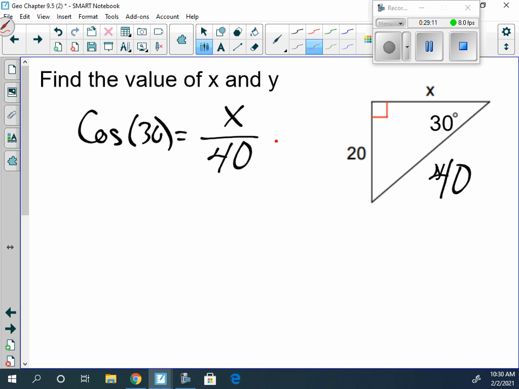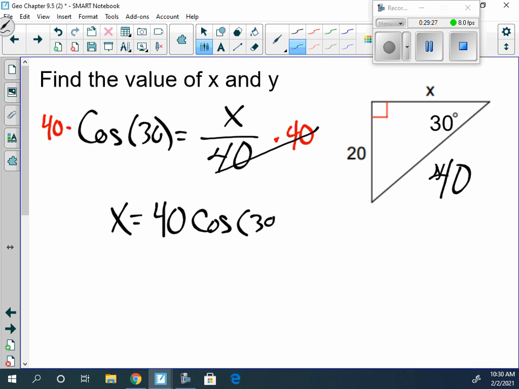And we can do that by multiplying both sides by 40. Those 40 and 40 will cancel, leaving us with x is equal to 40 cosine of 30.